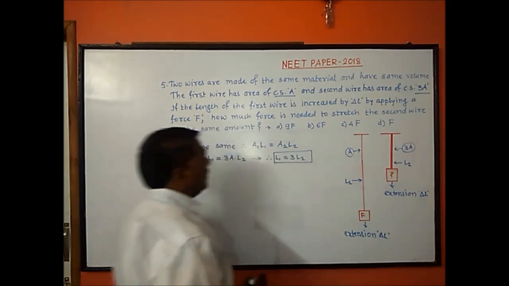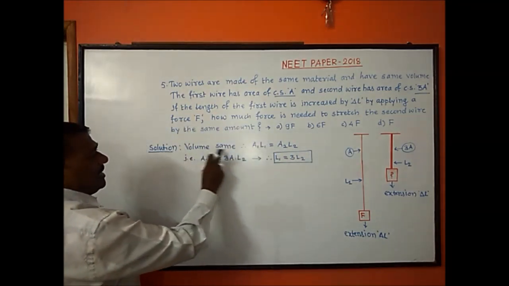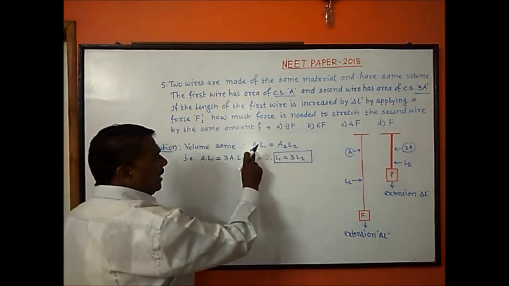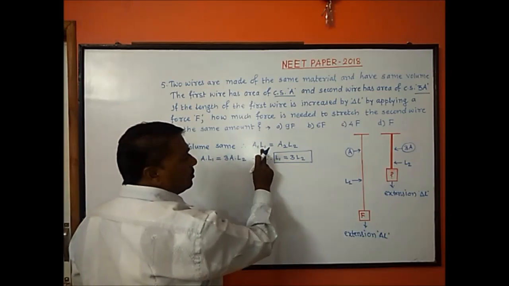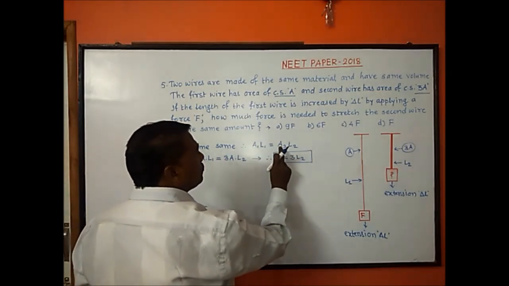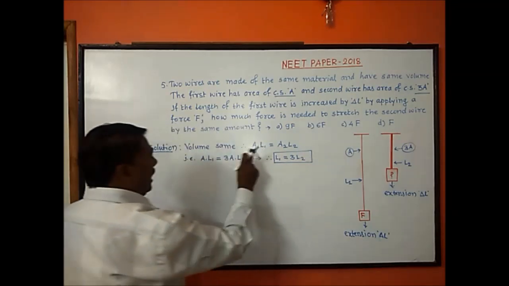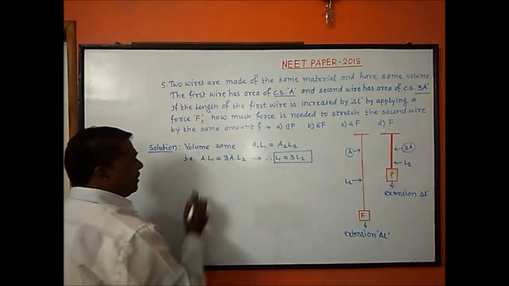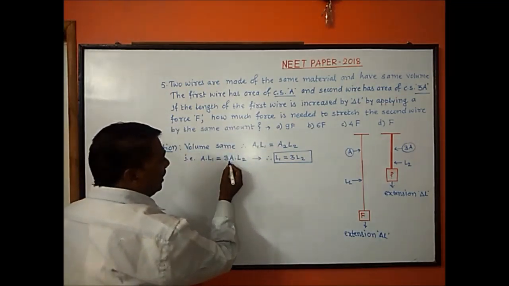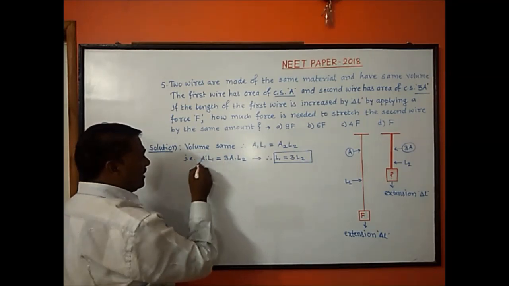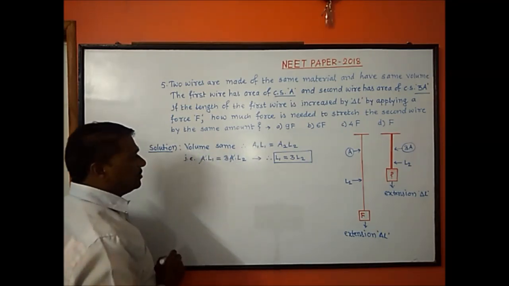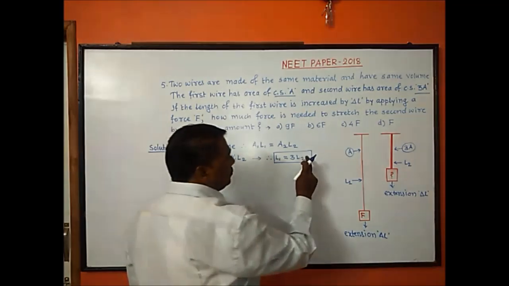Now see, as the volume is the same, you can say area of cross section into length is constant. So A1 L1 equals A2 L2, and therefore A1 is A, A2 is 3A. So A into L1 equals 3A into L2. Cancelling the area of cross section A from both sides, we get L1 equals 3 L2.